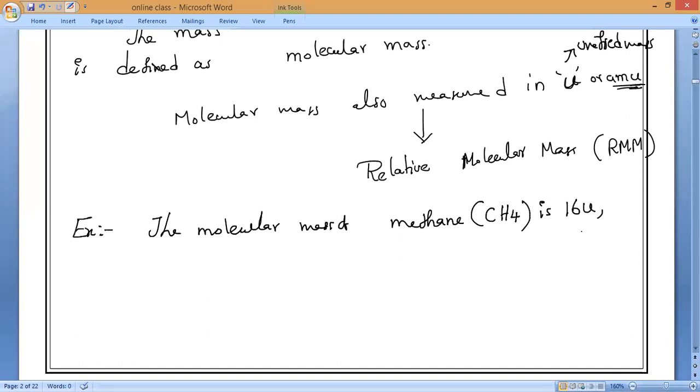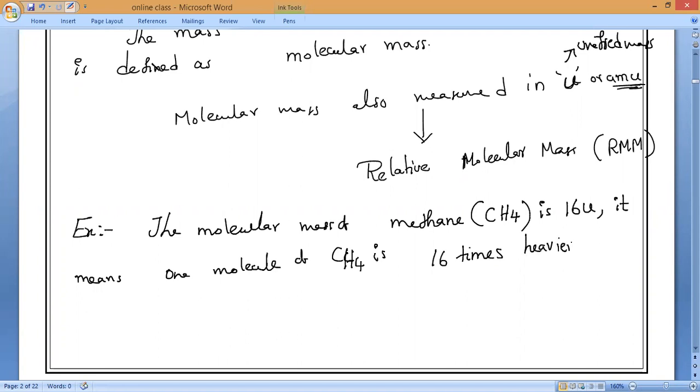Now, what do you mean by 16 u? It means one molecule of CH4 is how many times heavier than 1/12 of carbon?